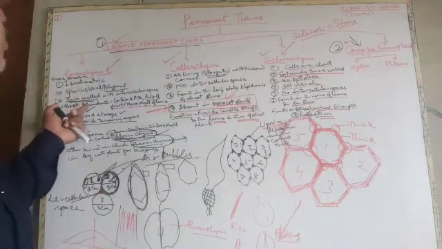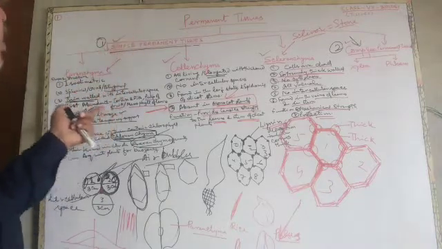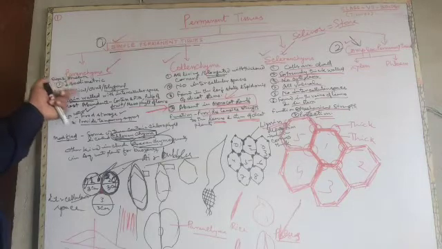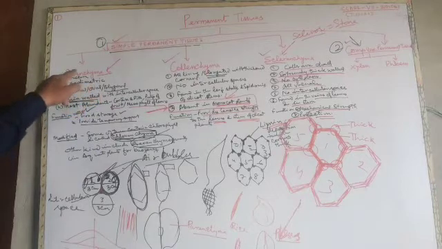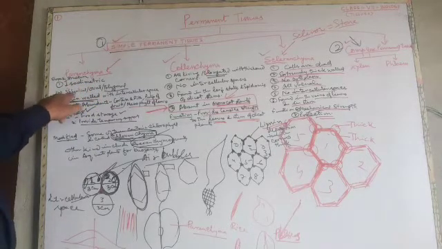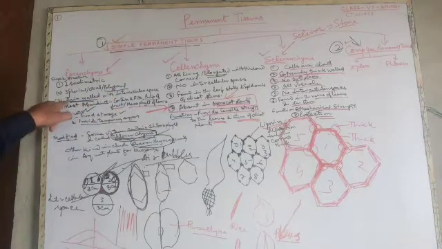A parenchyma tissue is the simple permanent tissue present in the plant body where the cells that make parenchyma tissue are isodiametric, means their size is more or less the same. Their shape is spherical or polygonal, and the cell wall is very thin.